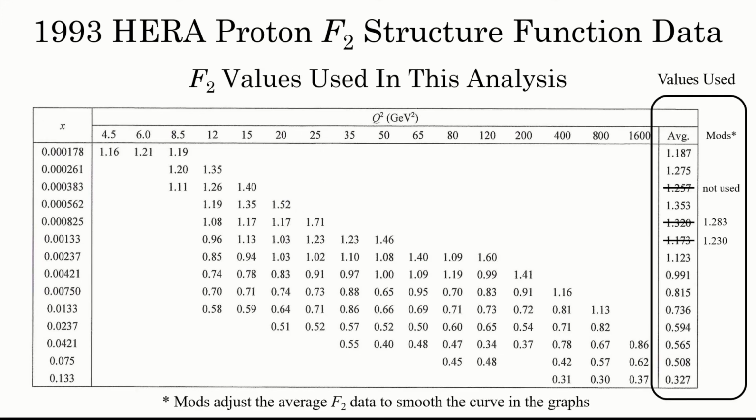Because of this, it seems reasonable to reduce the F2 data for a given x value by taking the average of the F2 values available for that x, with the 3 exceptions shown to smooth the curve. The F2 values given in the far right column of the table are the average values.